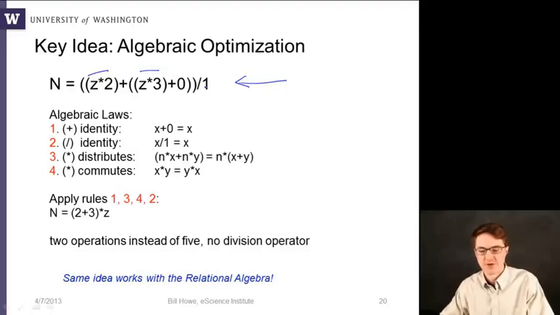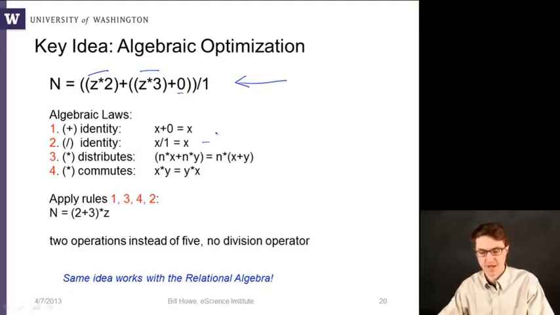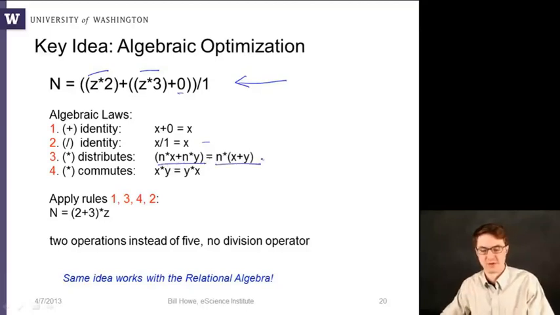Fine. But if you're clever, you might notice that adding 0 to any number doesn't change it at all, so I'll just ignore that altogether. Similarly, dividing any number or any integer by 1 is the same number, so I'll ignore that as well. And then if you're really clever, you might notice that there's a distributivity law here that says when I see this pattern, I can pull out the multiplication.